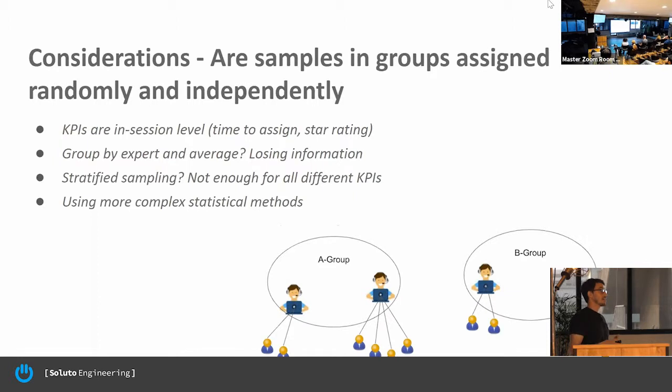And second, we are getting much fewer samples. Let's say in one of our products, we have about 200 experts and a few thousand sessions a day. So we are getting from a lot of sessions to just 200 samples. So again, mainly losing information if we group by expert.